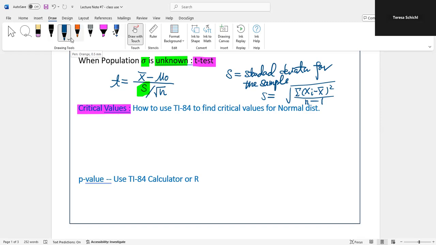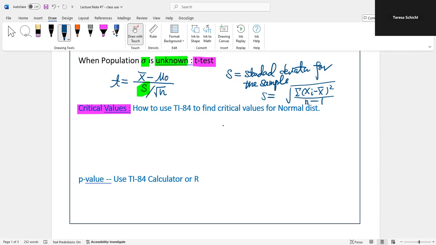But now, since we finished lecture number 6, we know how to use the normal table to find the critical value. In the table I gave you, the alpha value was fixed at 0.1, 0.05, or 0.01, but now you can have any alpha value.